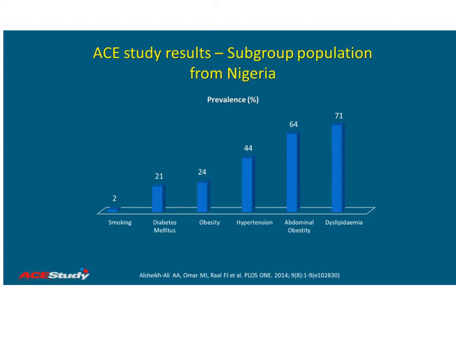In that study, diabetes was 21%, obesity was 24%, but when you combine that with abdominal obesity of 64%, then you know that obesity is a big challenge. Hypertension was 44%, and abnormal lipids 71%. So we must pay attention to abnormal lipids, obesity, hypertension, and then diabetes mellitus. That's the message from this data.